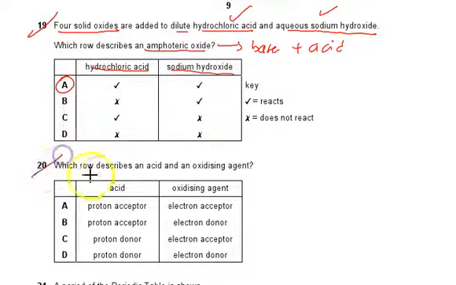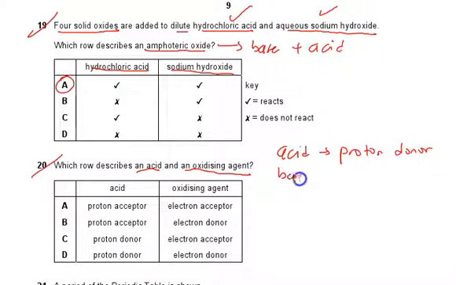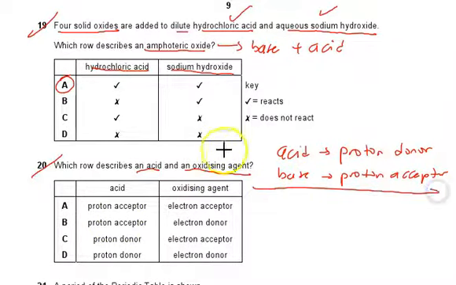Okay, for 20, which row describes an acid and oxidizing agent? Okay, remember acid is a proton donor. Base is a proton acceptor. Okay, and then at the same time, if you look here, an oxidizing agent normally will be reduced, if the certain element is being reduced.